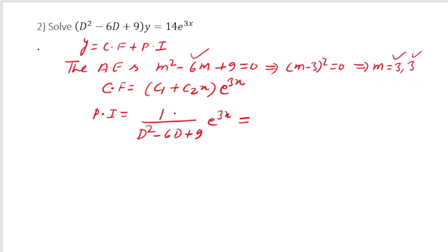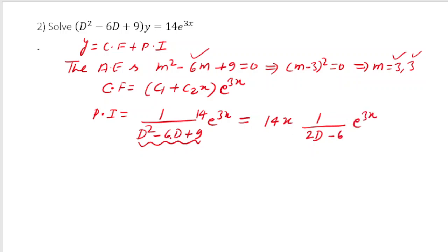In this case, as you have seen in the previous video also, what we do, actually it is 14 here also. So 14 I have to take out of the operator, and then we multiply it by x in the beginning, before the operator, and we differentiate this term with respect to D. So we will get 2D minus 6, e to the power 3x.